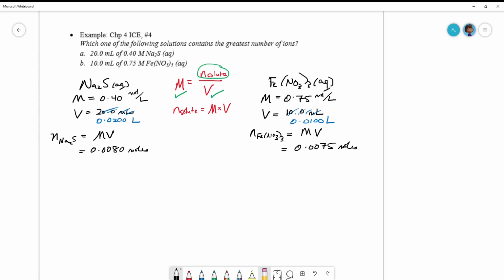Now, here's where we need to put our knowledge of quantity together with the knowledge that we learned in a previous lecture about the qualitative nature of different substances when we dissolve them in water. Turns out that sodium sulfide and iron 3 nitrate are strong electrolytes.